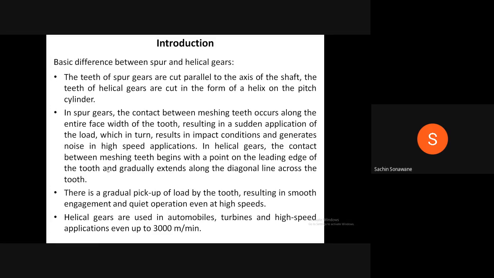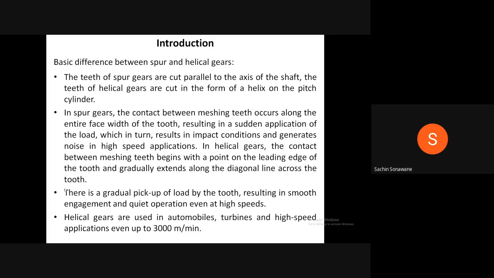Gradually means slowly. Therefore, in case of helical gear, smooth engagement is there, and in case of spur gear, since smooth engagement is not there, when teeth are coming in contact with each other, noise is created. Therefore, this is the difference between spur gear and helical gear.